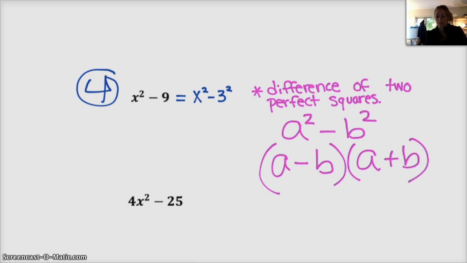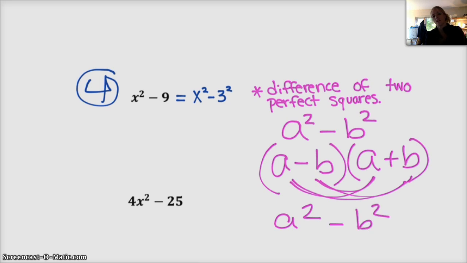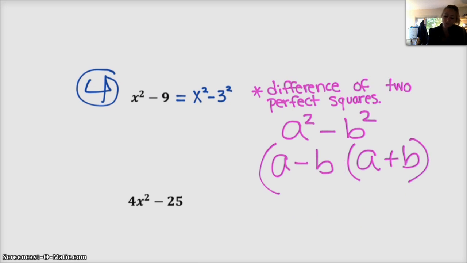And that always ends up being the correct thing, because when you multiply this out, you get a squared, and then you get positive ab, then you get negative ab, so those cancel, and then you end up with the minus b squared. So it will always work out if you have a difference of two perfect squares.